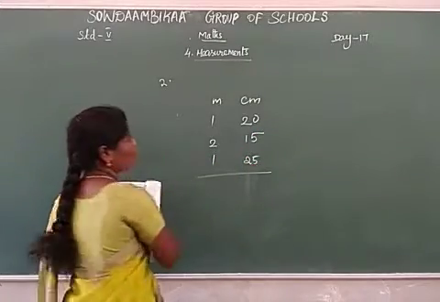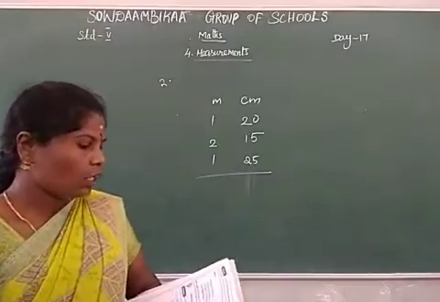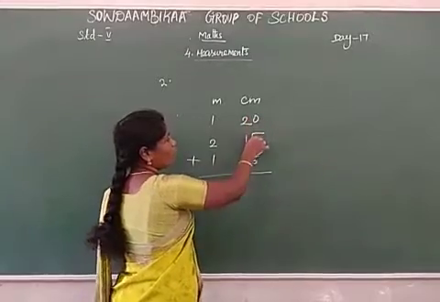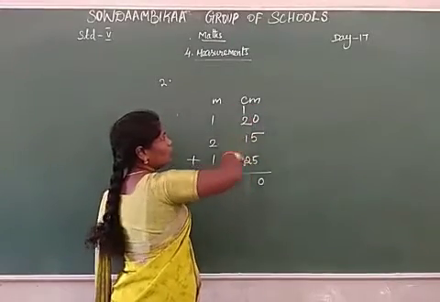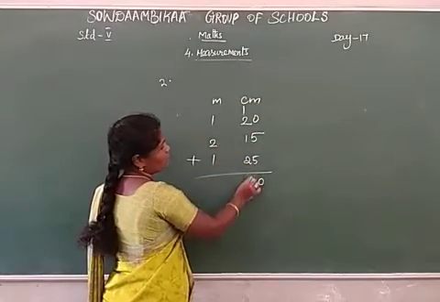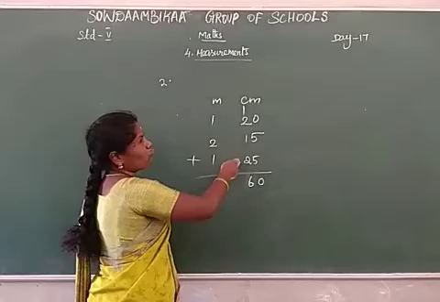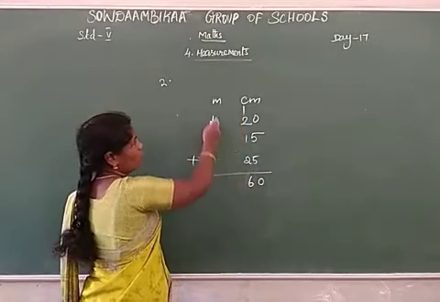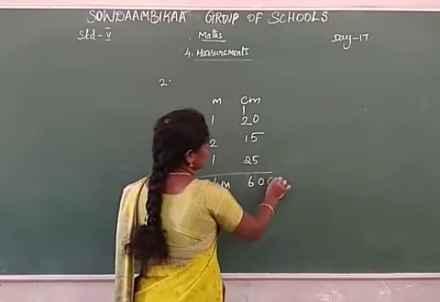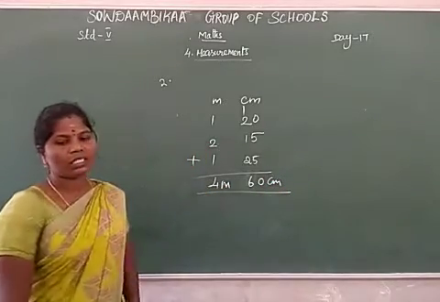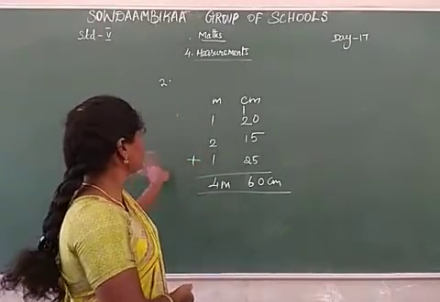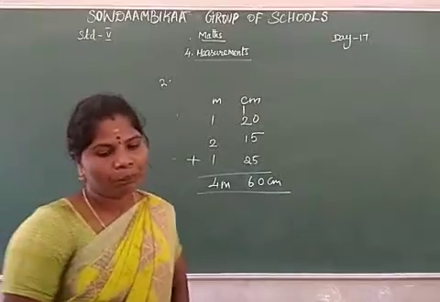Find the total length of the 3 ropes. So add these numbers: 0 plus 5, 5. 5 plus 5, 10, 0, remaining 1. 2 plus 1, 3. 3 plus 1, 4. 4 plus 2, 6. 2 plus 2, 4. 4 plus 1, 5. 5 plus 1, 6. 1 plus 2, 3. 3 plus 1, 4. The answer is 4 meter 60 centimeter, the total length of the ropes.